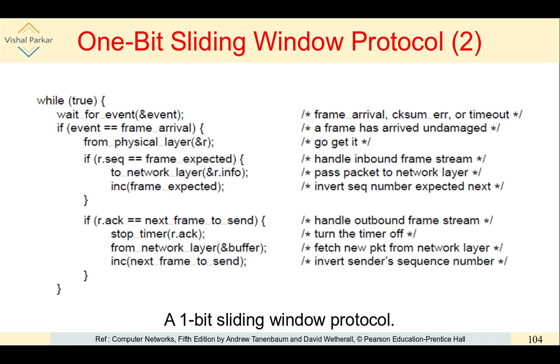That means the acknowledgement has been correctly received for the previous frame. So it has to stop the timer for that acknowledgement number, and it can now accept a next packet from the network layer and increment next frame to send. That means now the recently accepted packet can be sent as a new frame.